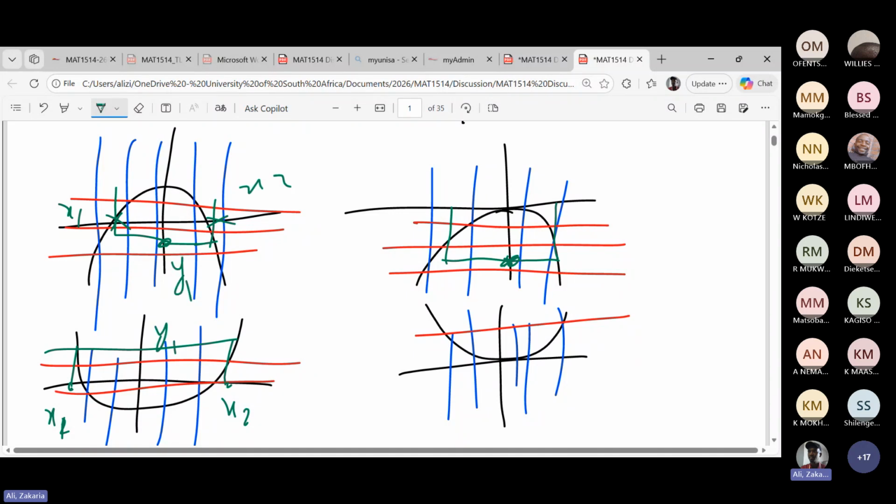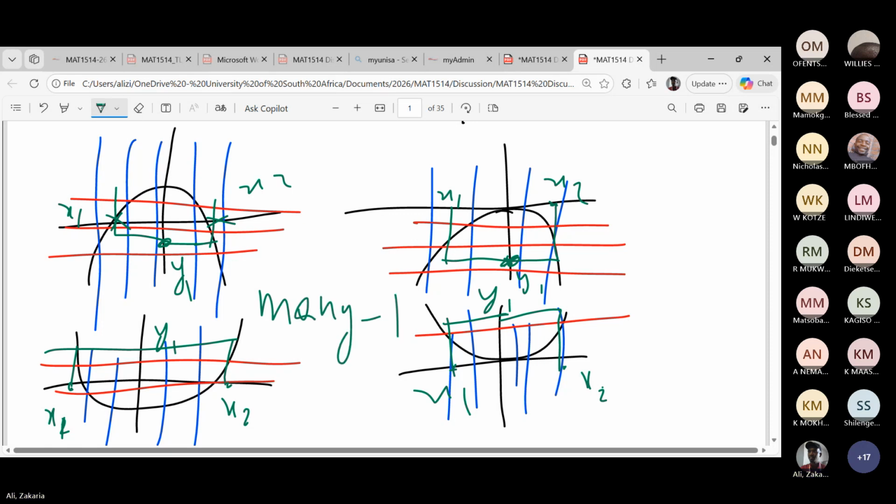You can see that for many x values, x1 and x2, you can have one y1 for this x1, and then the same y1 for this x2. So this type of function, they call many to one.